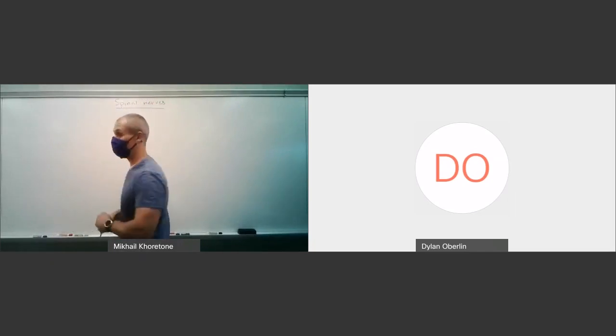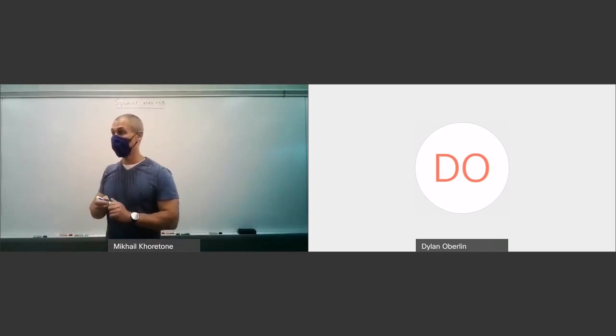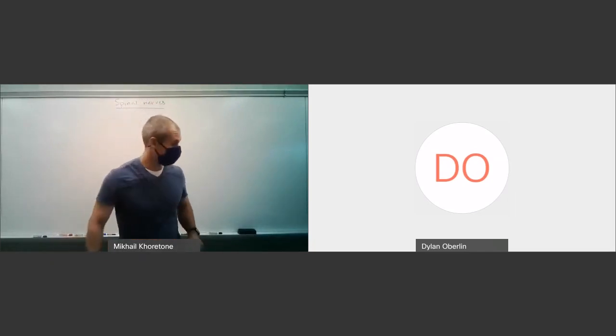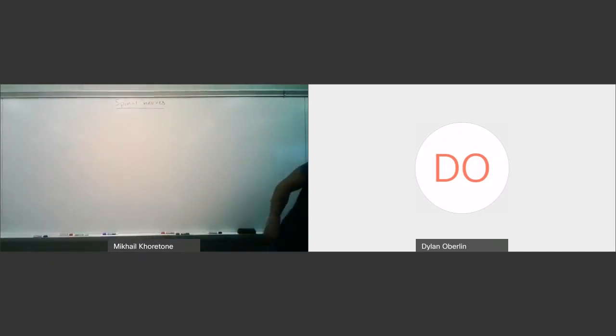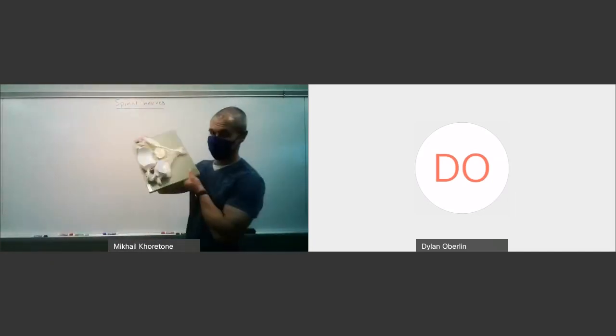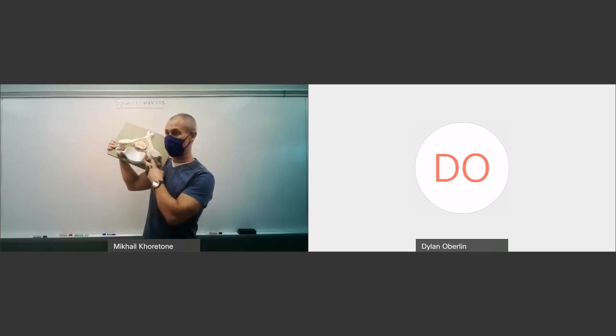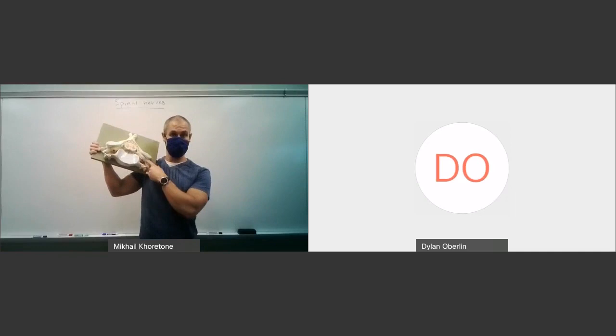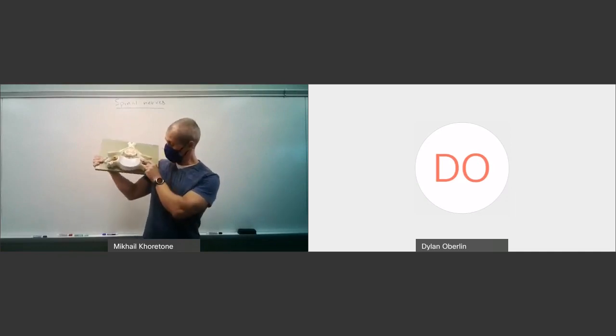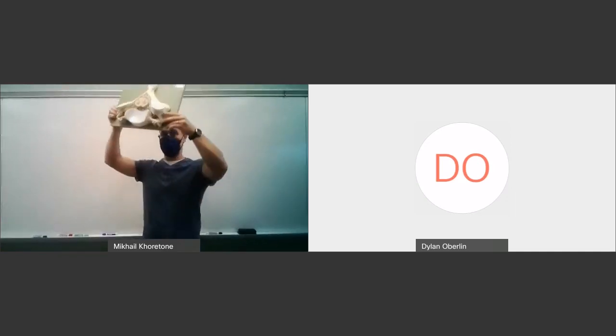Okay, first of all, each spinal nerve, can you see that spinal nerve? Just take a glance. You can see that it starts to branch right here.